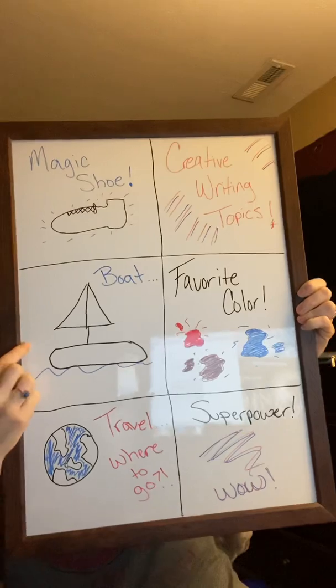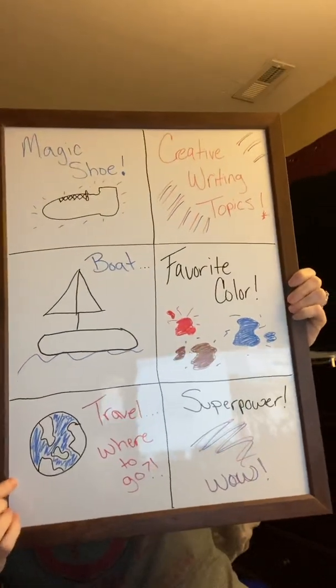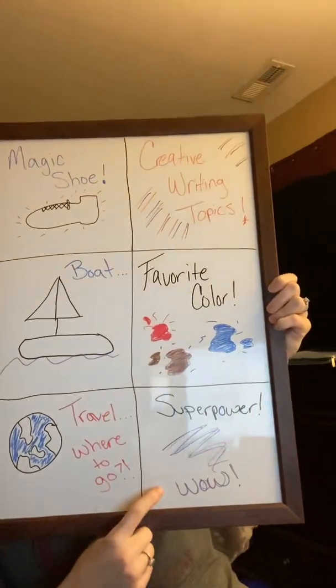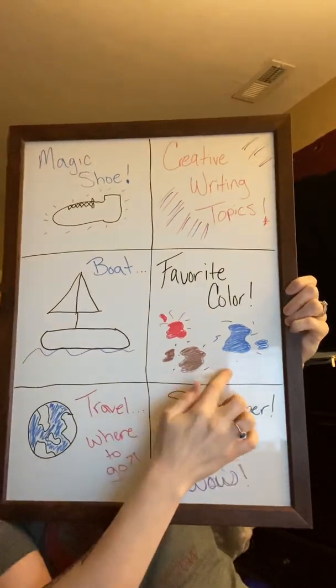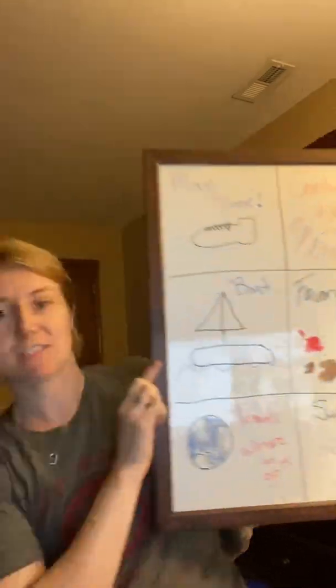Magic shoe, if you lived on a boat, if you traveled, where would you go? Superpowers, what would it be? Favorite color and why? This is just a little board to get them interested in the different topics that they have the opportunity to write about.